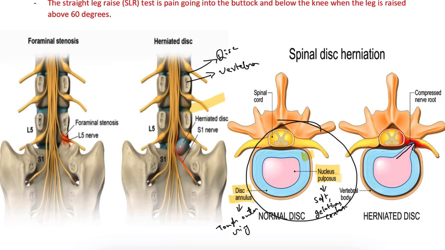Here is a golden point: 95% of lumbar disc herniations occur at L4 to L5 and L5 to S1.